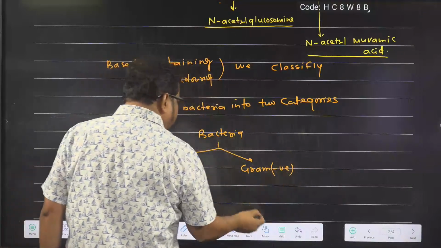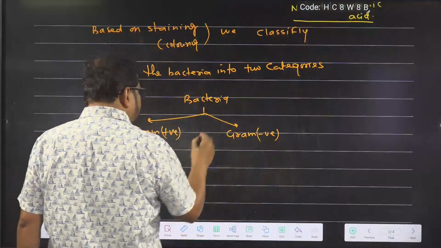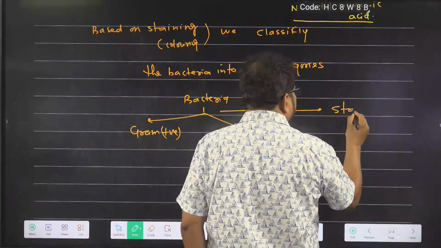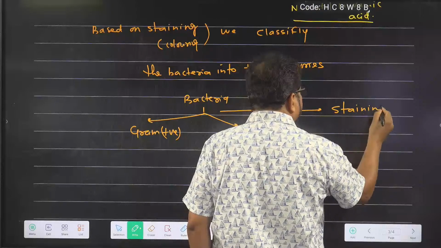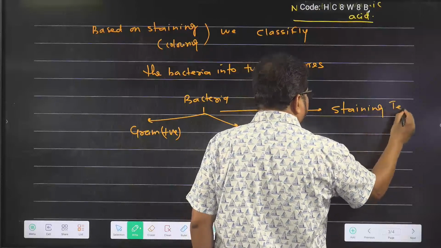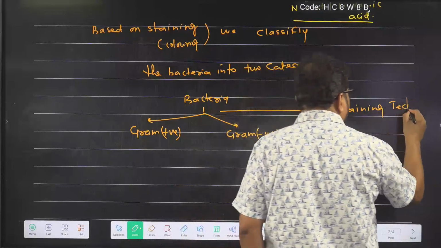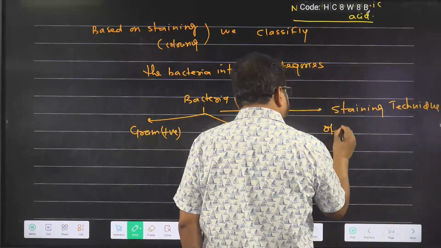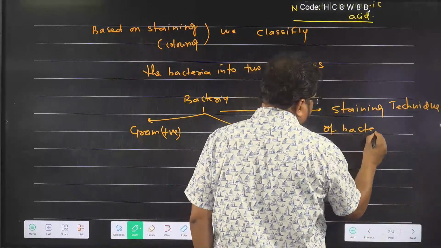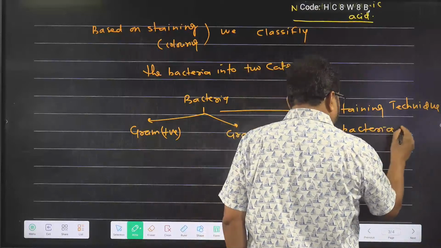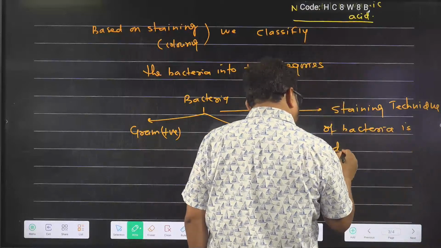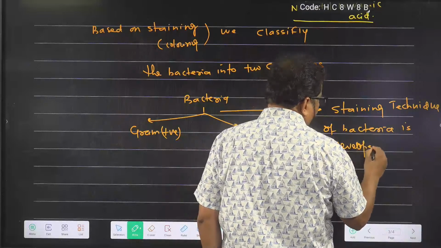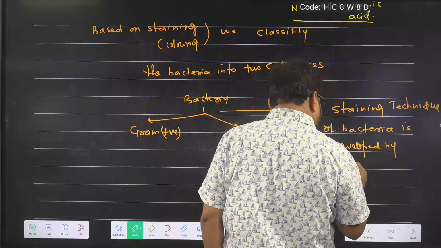So why are we using the word gram? Because the staining technique of bacteria, staining means coloring technique, was discovered or developed by Christian Gram.